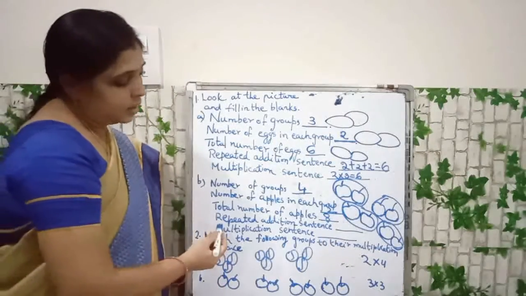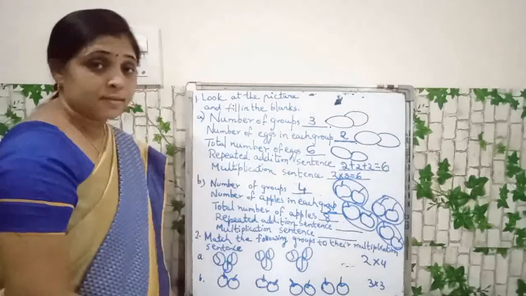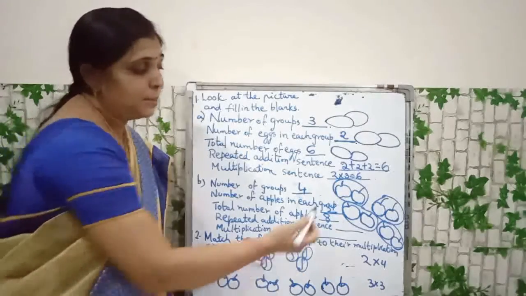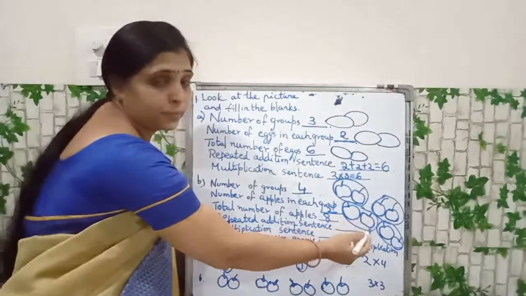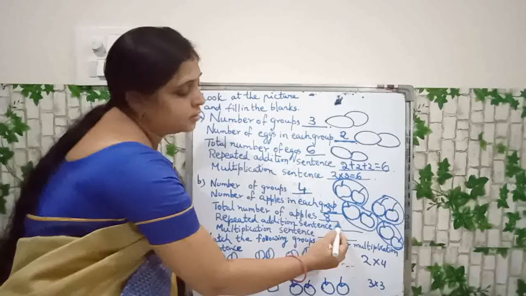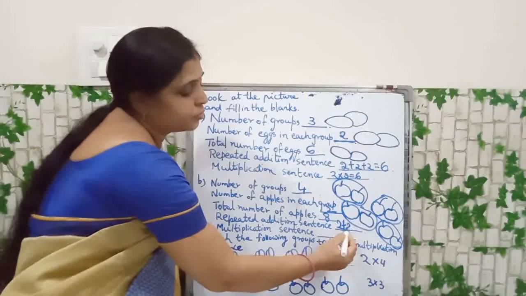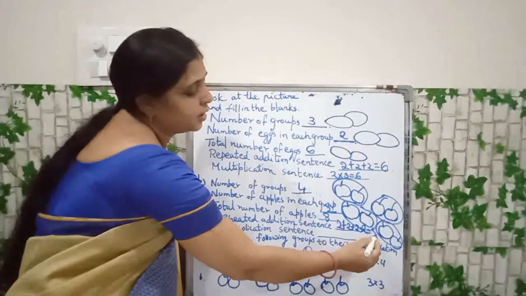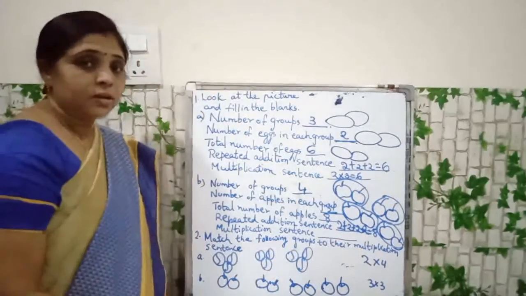Okay? Repeated addition sentence. How will you write the repeated addition sentence? Number of apples in each group? 2. Okay? How many groups? 4. So you have to write 2 plus 2 plus 2 plus 2. How much? 8. Okay? Understood?